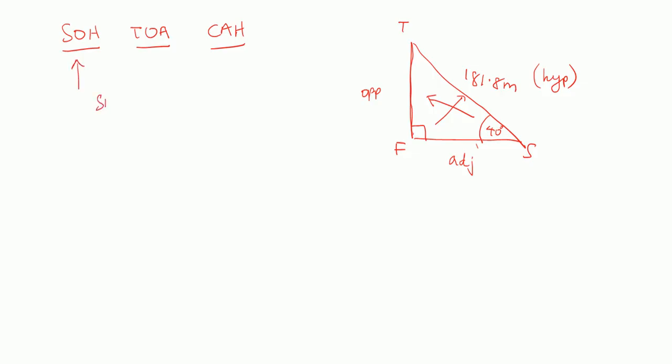We set up the rule first: sine theta is equal to opposite over hypotenuse. So sine 40 degrees is equal to the opposite, which is FT, over the hypotenuse, which is 181.8.